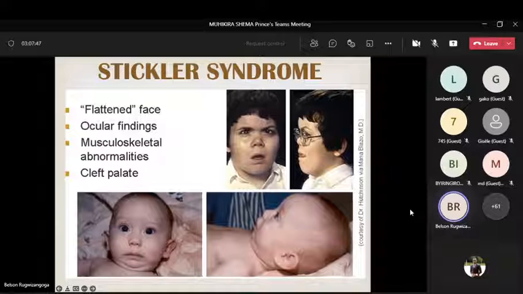It is as if they are finding something with the eyes or thinking about something very deeply. They have masseteric hypertrophy and cleft palates.